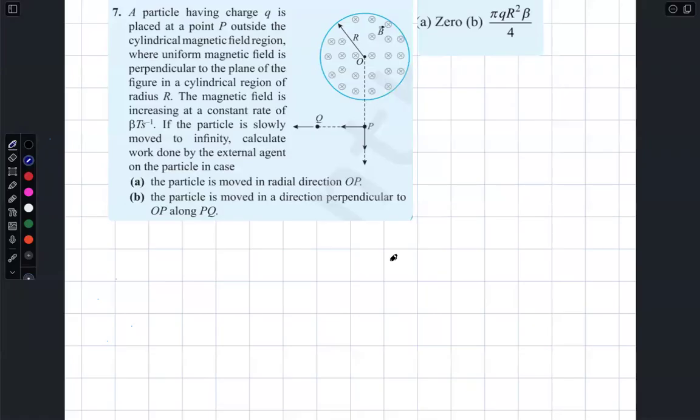Because all the time the direction of the induced electric field is perpendicular. The field lines are perpendicular at every point because they are all concentric circles. Your direction is normal, so perpendicular. Everywhere, wherever you are, the field is perpendicular, so it does no work. The first part is 0.